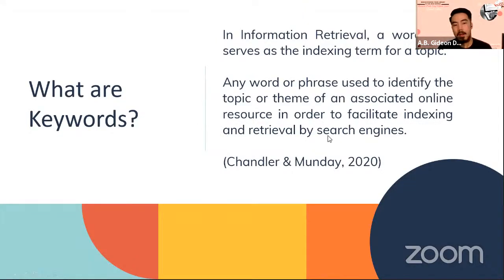Okay. First off, in terms of research, what you need first and foremost are keywords, right? So these keywords are words or phrases that would actually best represent your research or whatever you are looking for, right?